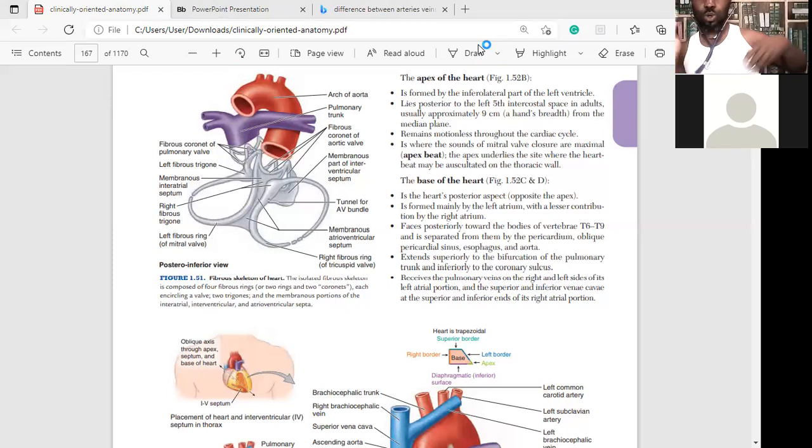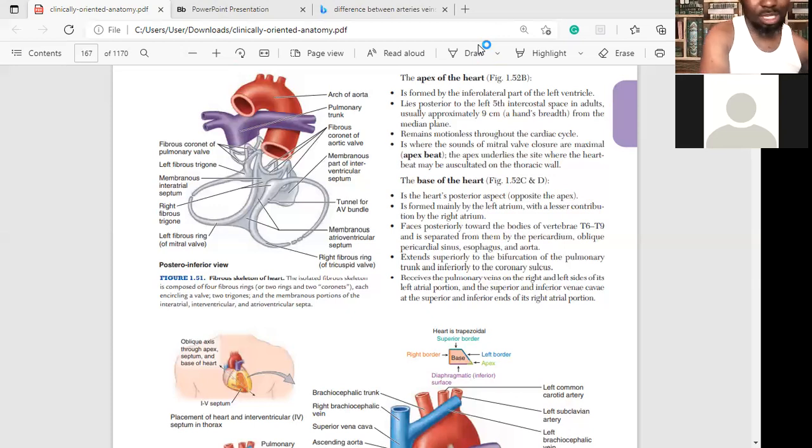So if they ask you to auscultate the apex beat, your stethoscope will be just below the nipples, a little to the left, because that is where the apex of the heart is, and that is where the mitral valve is. So if you do this and put it in your ears, you hear the sound of the mitral valve. You hear that lob dub heartbeat.